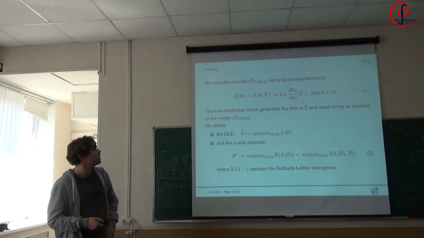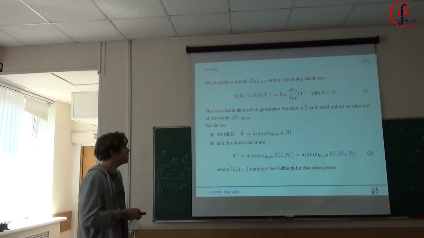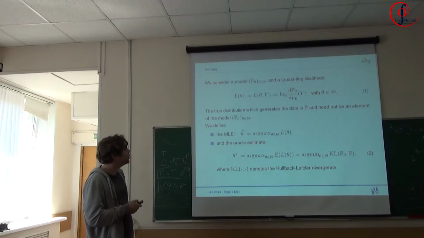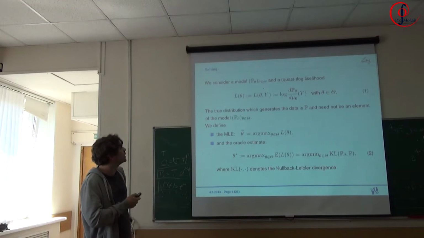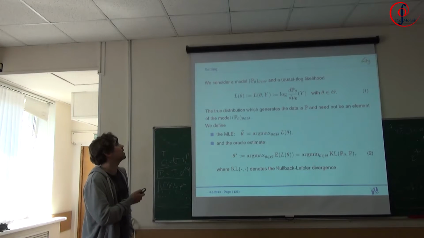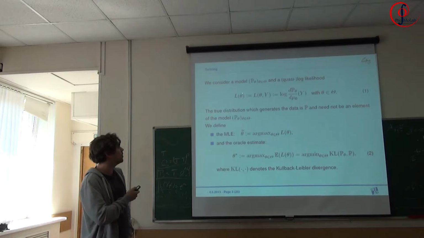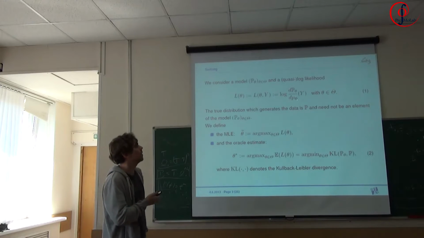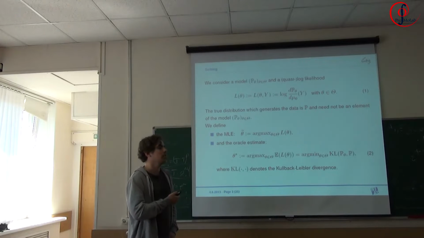Okay, so the setting. I don't use the term M estimation, but in fact you can think about it in the way Andreas told you. I'm going to consider a statistical model P theta. The capital Theta is our parameter space, and a quasi-log likelihood L theta. I'm going to omit the y, the observations, which is just, as you've seen before, the logarithm of the Radon-Nikodym derivative with respect to some base measure.